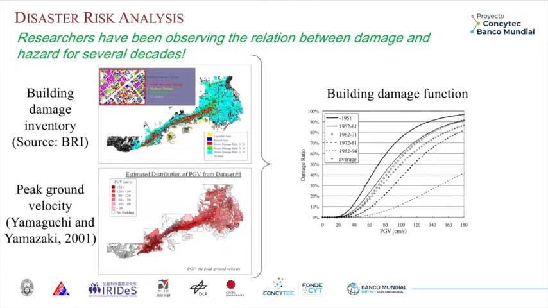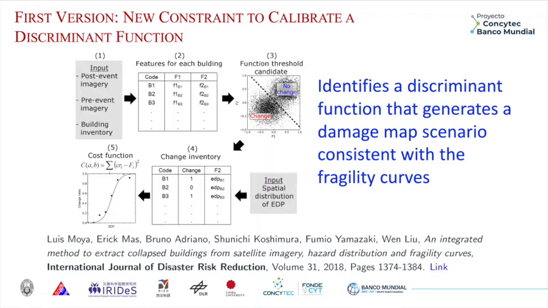Okay, so for decades or more, many researchers have been creating these fragility functions empirically or analytically. So what we proposed in one of our first studies is to neglect the collection of training data and use fragility functions as a new constraint to calibrate machine learning algorithms.